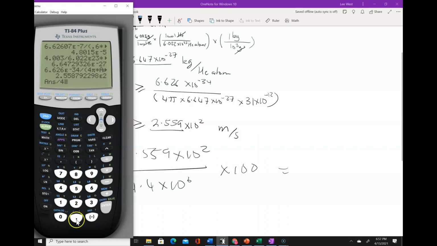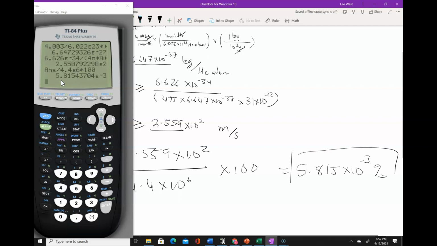So divide 4.4 by 10 to the 6, and then don't forget the times 100. There you go. So it's not a very big difference, is it? 5.815 by 10 to the minus 3 percent. Okay, so it's a fairly small percentage. All right, there you go.